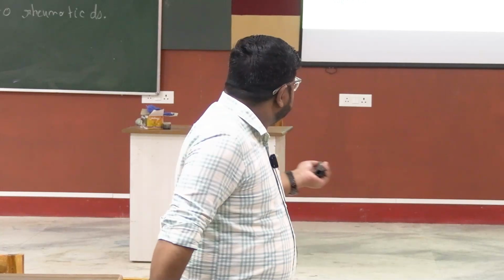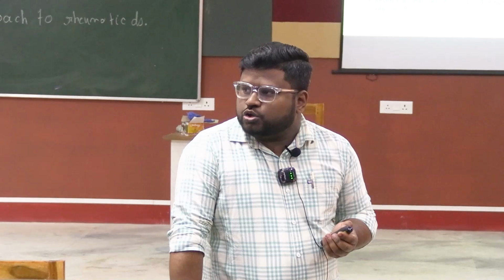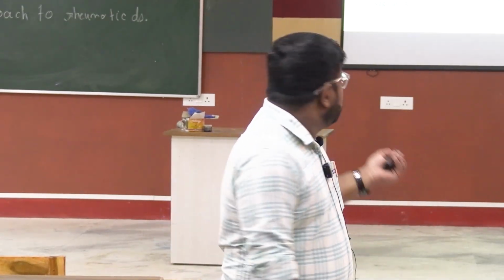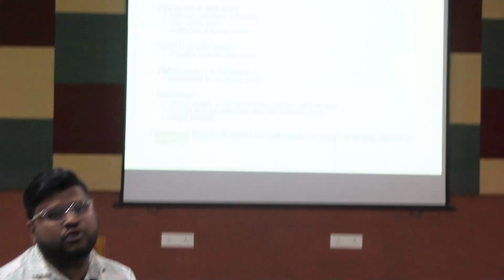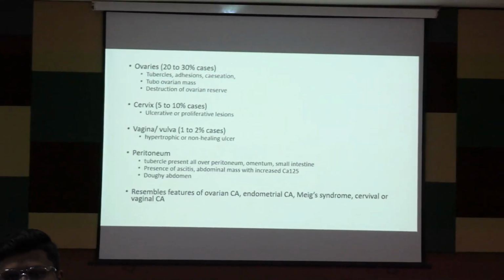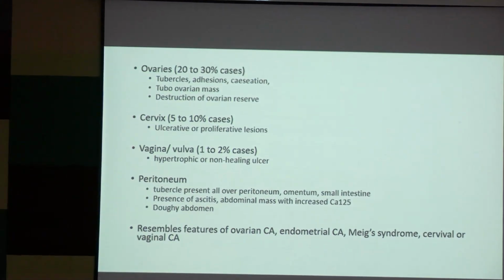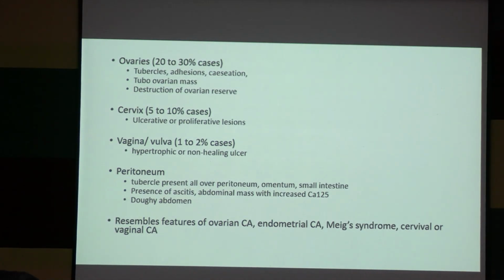মেনোরেজিয়া, মেট্রোরেজিয়া, ইন্টারমেনস্ট্রুয়াল ব্লিড, পোস্টকয়েটাল ব্লিড, স্ট্রাফিং আউট অফ আলসারেটিভ লিশন, ঠিক সেরকম দেখতে হয় সার্ভিক্সের ওপরে। যে কোনো ভালভা ভাজাইনার ওপরেও নন হিলিং আলসারেটিভ গ্রোথ হয়, ভেরি সিমিলার টু ভালভাল ক্যান্সার। ইউট্রাসের ভিতরে যখন এন্ডোমেট্রিয়ামকে ইনভলভ করে, it causes vaginal discharge, foul smelling discharge, it causes postmenopausal bleeding or intermenstrual bleeding, very similar to endometrial CA. যখন ওভারিকে ইনভলভ করে, it causes tubo-ovarian masses, it causes presence of ascites, lump abdomen, very similar to CA ovary. এখানেও CA 125 বেড়ে থাকে। So the diagnosis becomes very difficult.